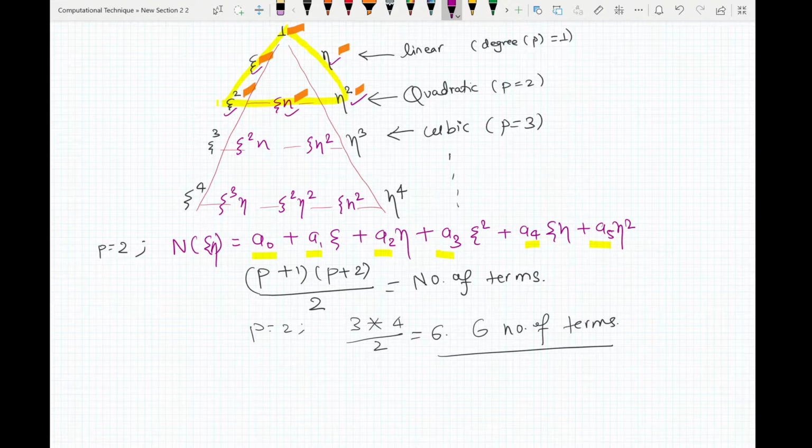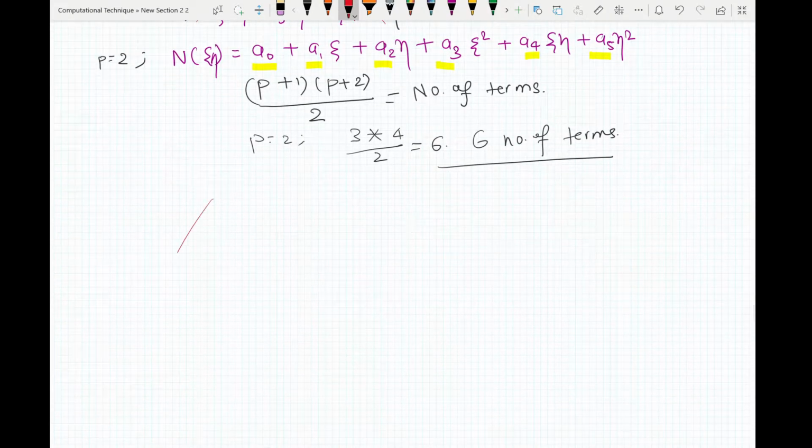This is a function of xi and eta. We learned a method of solving this. Let's say for a triangle like this with 6 nodes, this equation is complete.